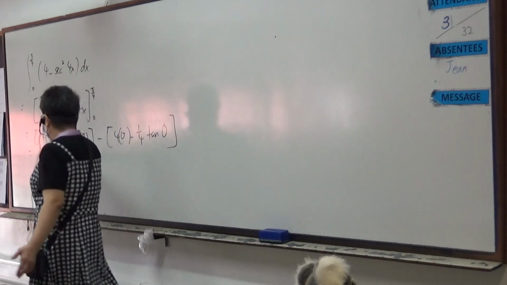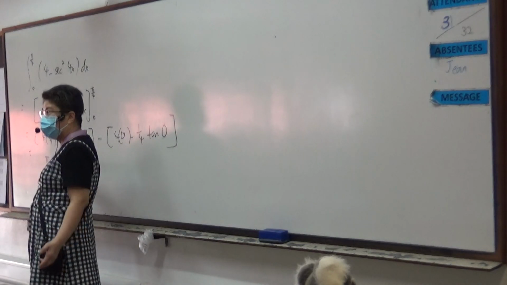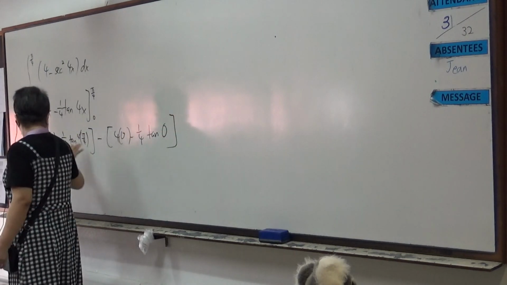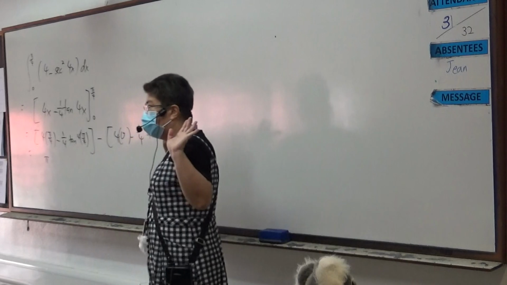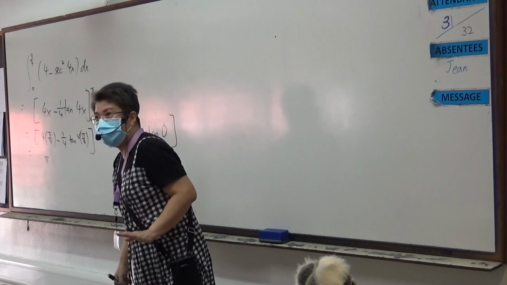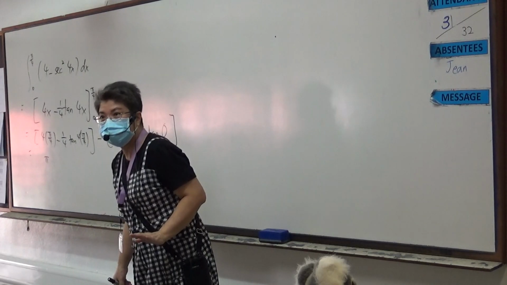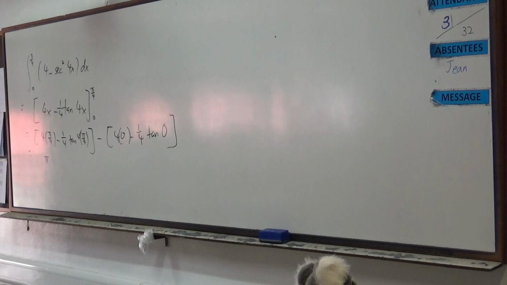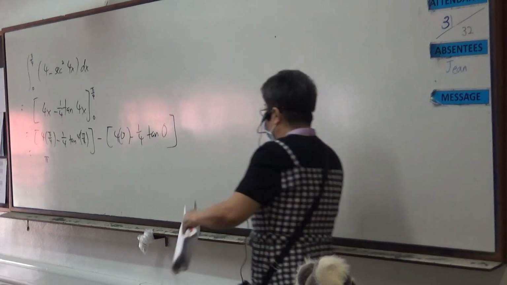This is 0 because this is tangent pi, and tangent pi is tangent 180 degrees, right? So it's 0, then all these are 0. Understand? So it's just pi. Everybody okay? Can or cannot? Okay, good. So that is your example 2. Are we fine? Okay, good. Next, we move on to example 3.